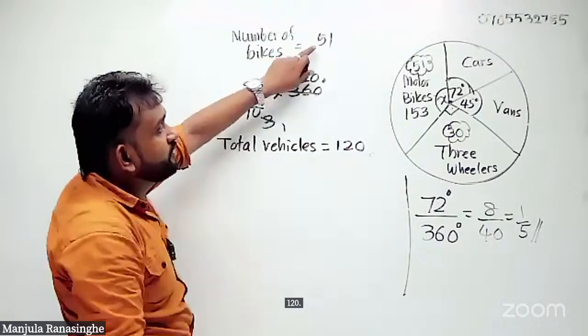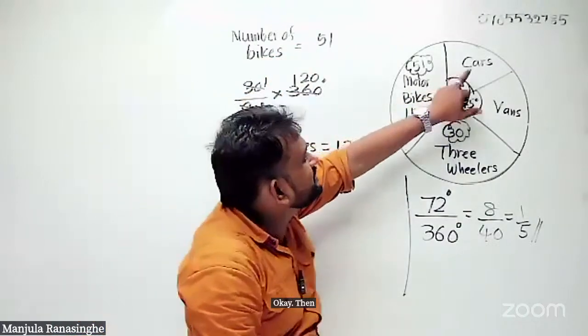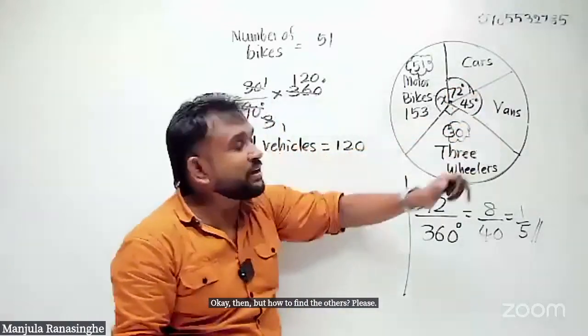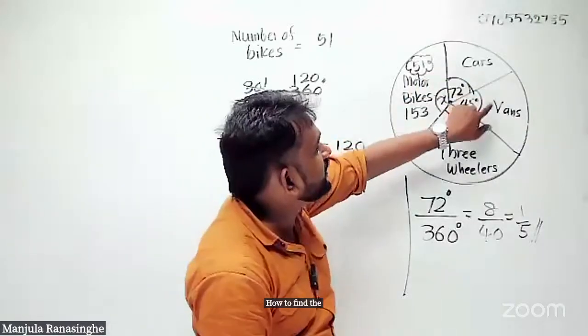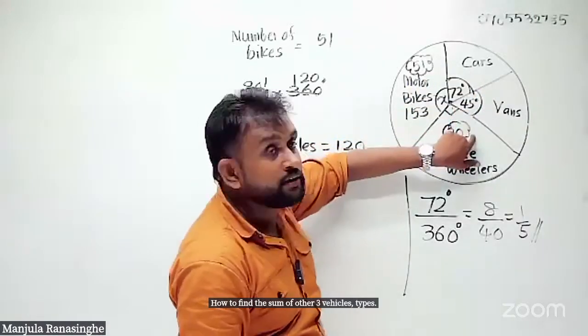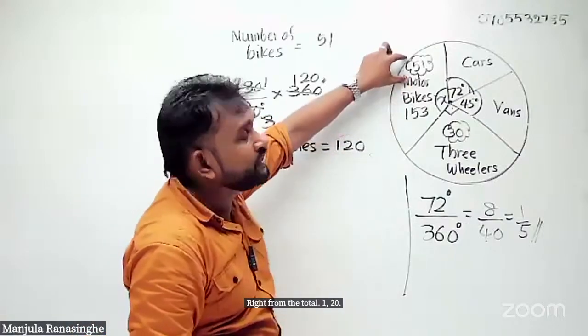So motorcycles 51. Then how to find the other three? The sum of these other three vehicle types? From the total 120, just subtract the motorbikes.